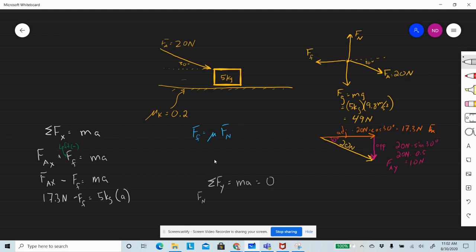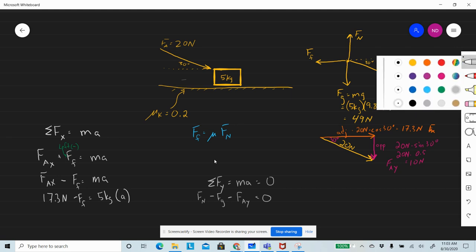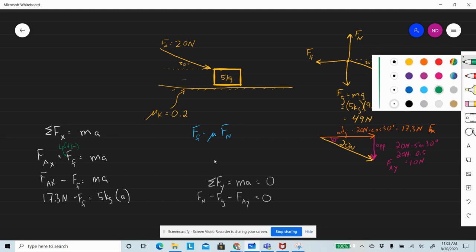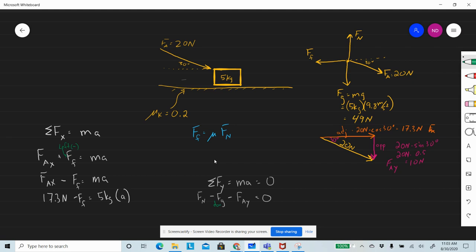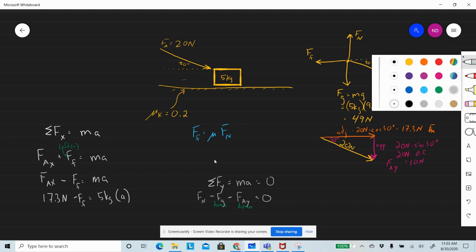Gravity is down, so negative. And a bit of the applied force is down, the force applied in the y direction. Gravity and this are both down, so they are negative.